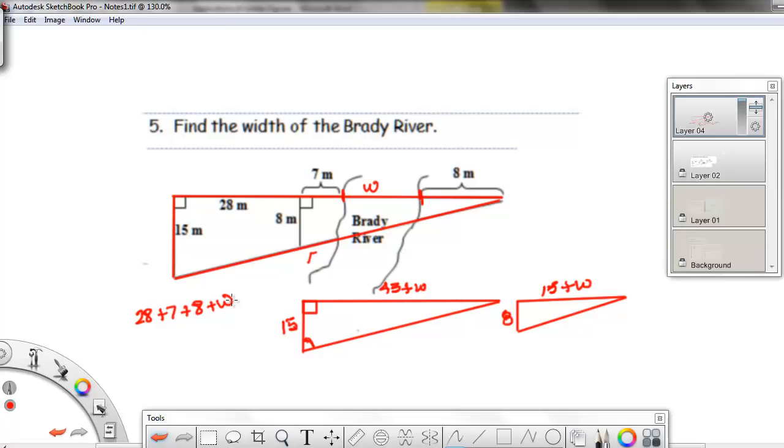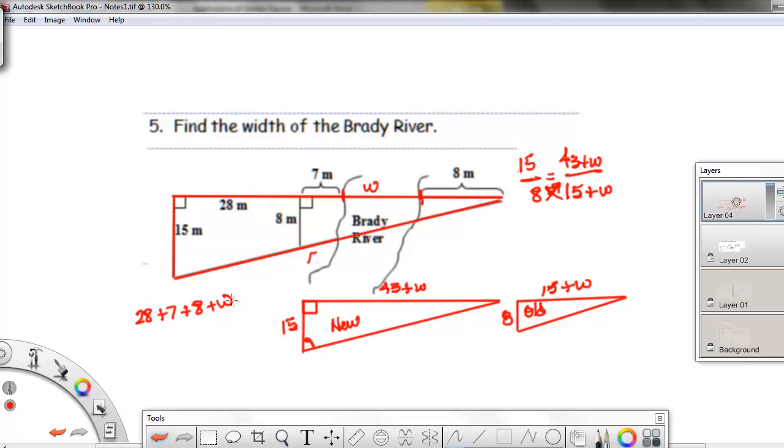Let's take this one to be the new one, and this will be the old one. 15 over 8 has to be proportional to 43 plus W over 15 plus W.